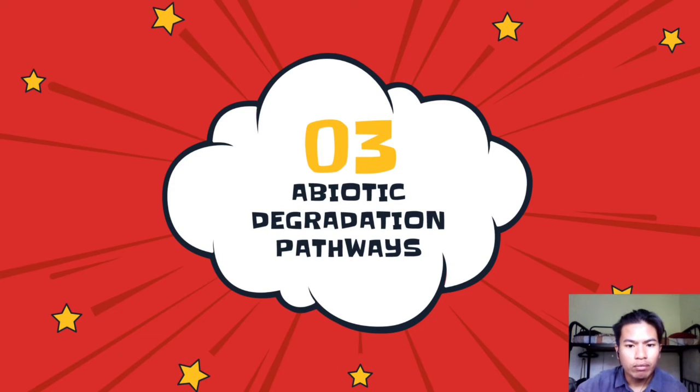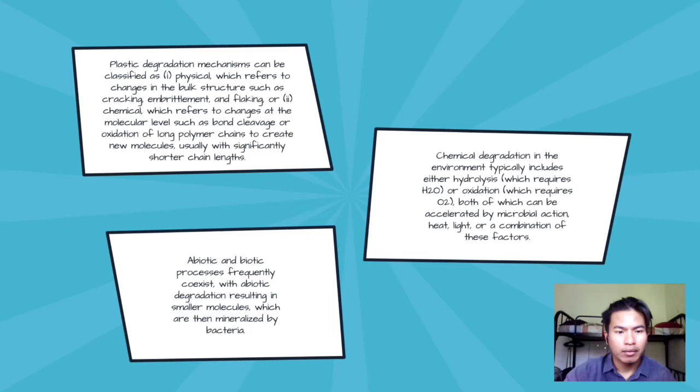Okay, we go for the third slide, which is abiotic degradation pathway. Plastic degradation mechanisms can be classified as physical, which refers to changes in the bulk structure such as cracking, embrittlement, and flaking. The second one is chemical, which refers to changes at the molecular level such as bond cleavage or oxidation of long polymer chains to create new molecules, usually with significantly shorter chain length.